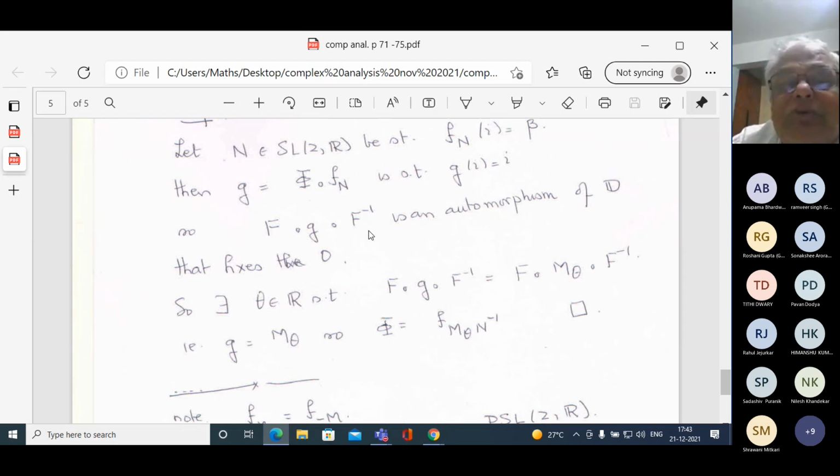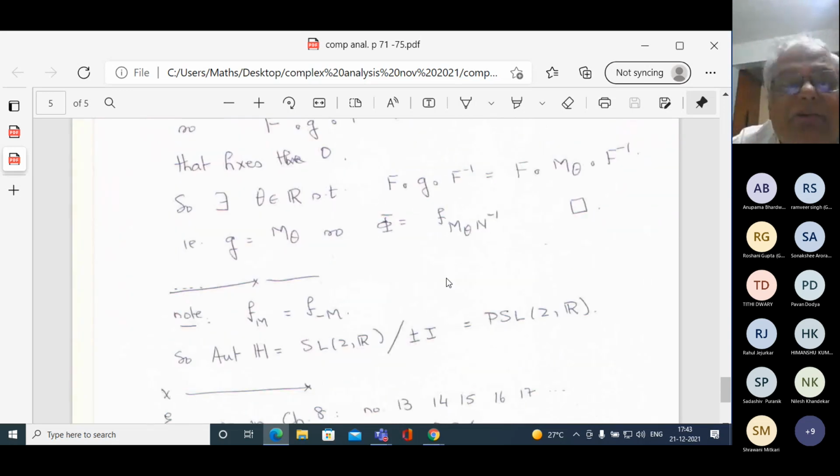Therefore f composed with G composed with f inverse is an automorphism of D which fixes the origin, because f inverse of 0 is i, G of i is i, and f of i is 0. Therefore there exists a θ such that f composed with G composed with f inverse is multiplication by this. Therefore G is equal to this, and therefore φ is equal to this.